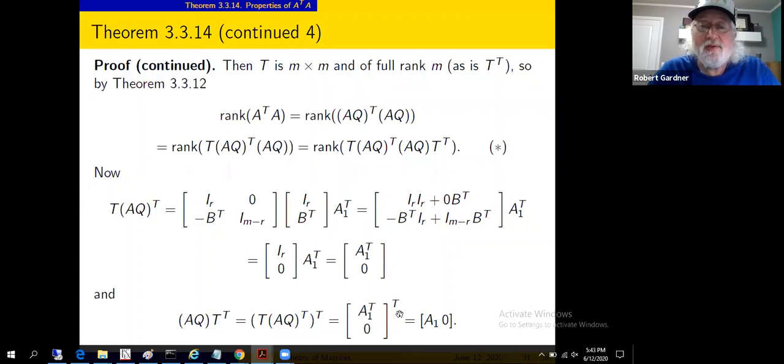So we'll get this transpose: vertical becomes horizontal when transposing, and we pick up an extra transpose on the A1 to give us that. All right, so we've got this rewritten as given here, that rewritten as given here. We had the rank of A transpose A equals the rank of this stuff. So let's take this and substitute that and that in the star equation.